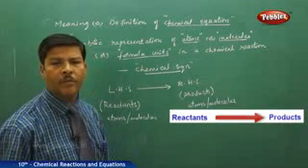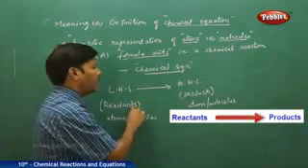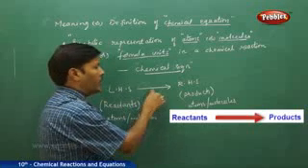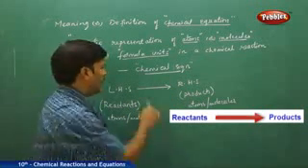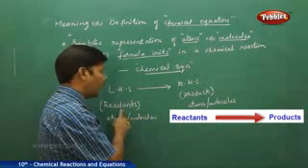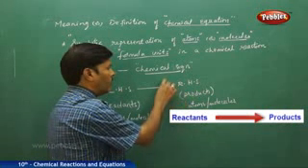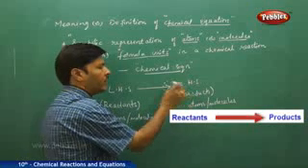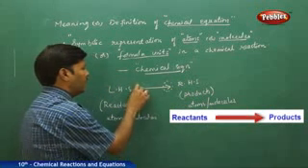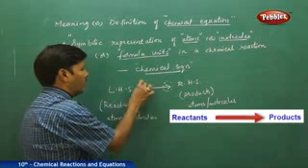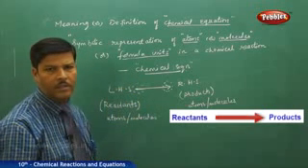Usually in a chemical equation, the reactants and products are separated through an arrow. The tail of the arrow is facing the reactants, and the head of the arrow is facing the products.